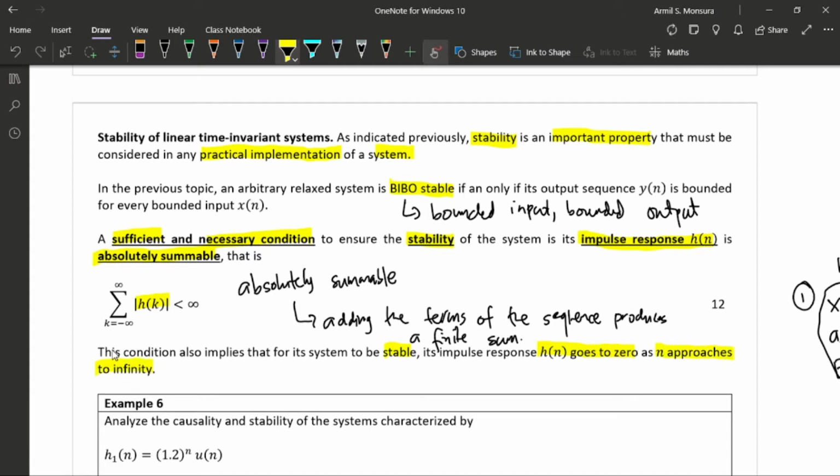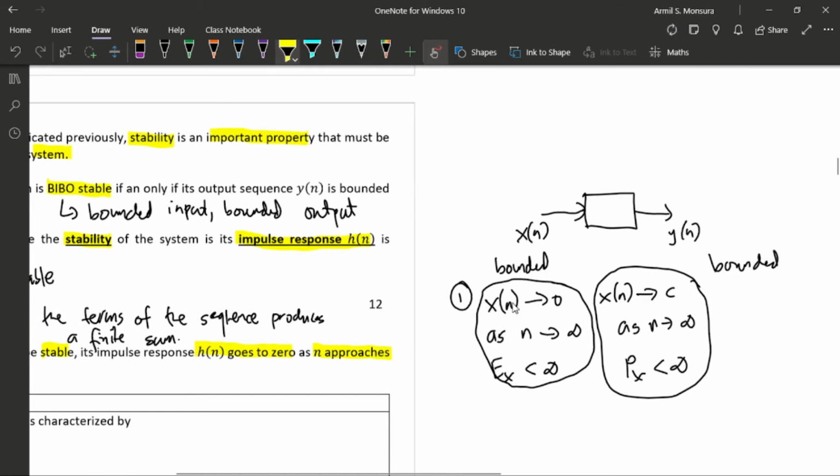The only way your h[n] becomes absolutely summable is that the terms of your h[n] become 0 as your n, on the positive or on the negative side, becomes large. So, we will note that here.